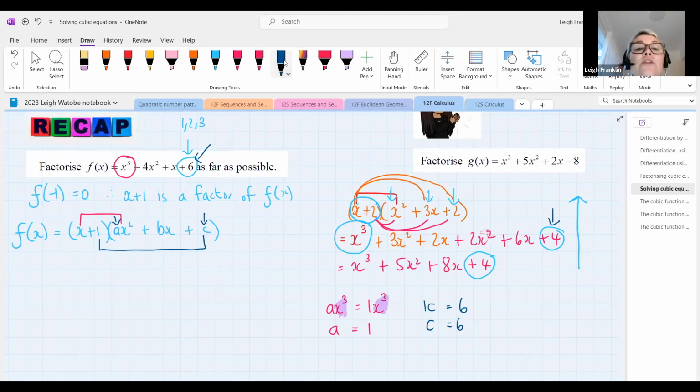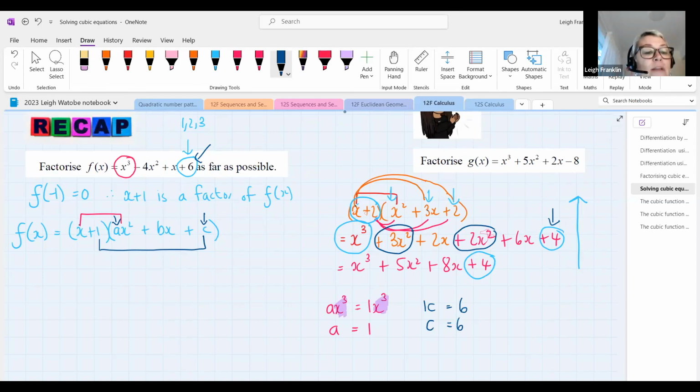What we are trying to do is identify where the x squared term comes from and where this x squared term comes from, okay? So the 3x squared came from multiplying x, the first term in the first bracket, with the second term in the second bracket. So we're doing the same thing over here.